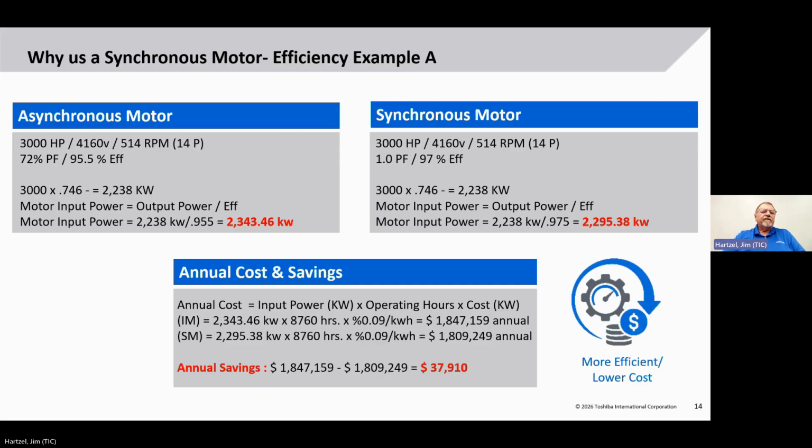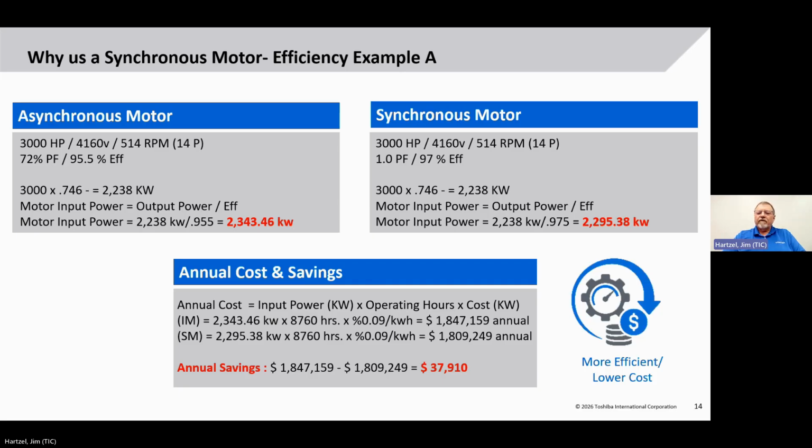If we calculate all of this out, we come up with basically the power about 2,300 and roughly 50 kW versus 2295. And if you do an annual cost calculation, we're only saving with the synchronous motor about almost $38,000.